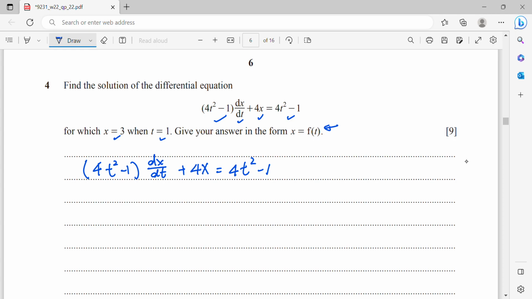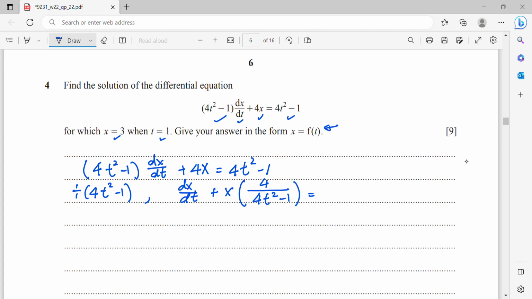Based on the integrating factor method, the coefficient for dx/dt must be 1. Therefore, the first step is to divide the whole equation by 4t squared minus 1. Then you will get dx/dt, expressed in the general form, plus x times 4 over (4t squared minus 1).